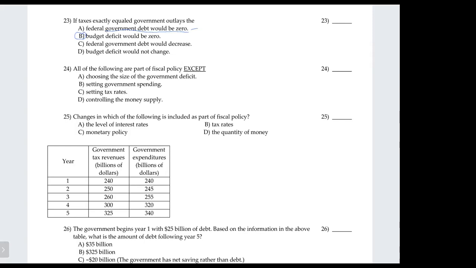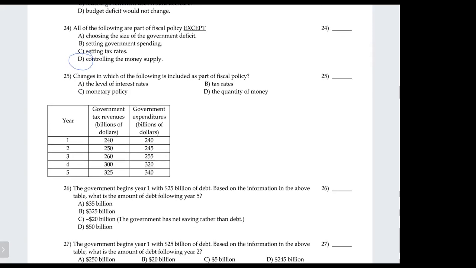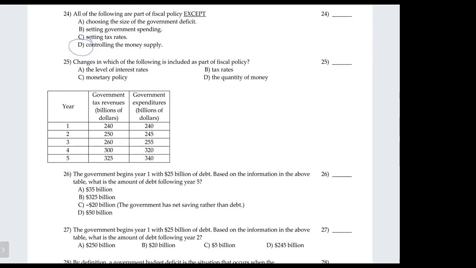Okay. Now 24. All of the following are part of fiscal policy except D. Okay. D is monetary policy. Now 25. Change in which of the following is included in part of fiscal policy? Tax rate, right? The other things are in monetary policy.